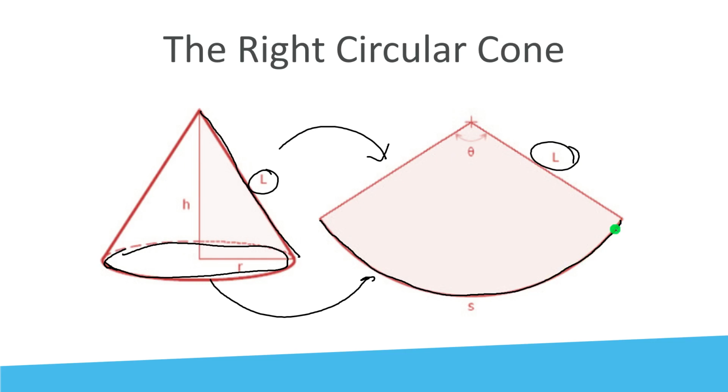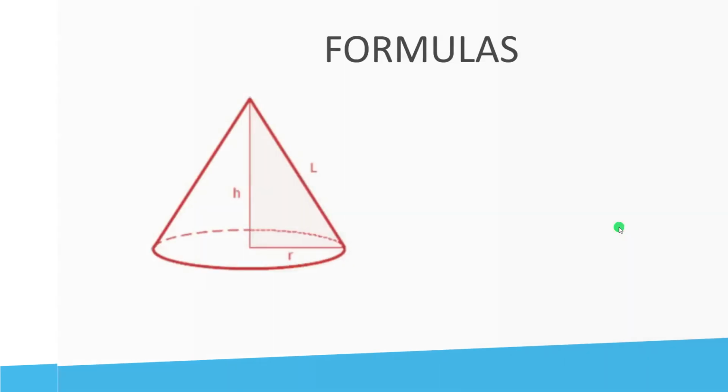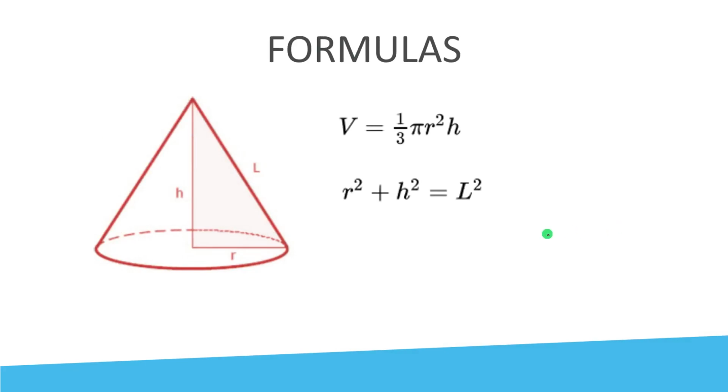Okay, so again, the volume is 1/3 pi r squared h. Pi r squared is just the area of the base, area of a circle, and h is the altitude.